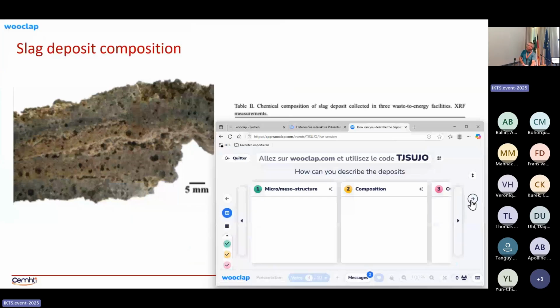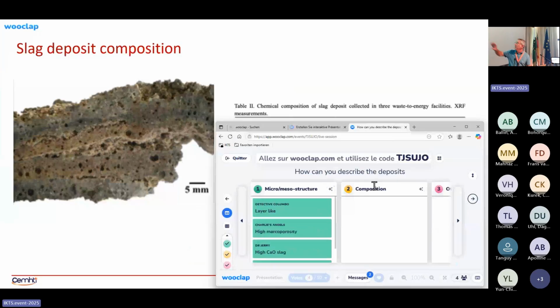How can you describe the deposits? About the microstructure, about the composition. Okay, you can move, it is free due to the time. Yes, why not?